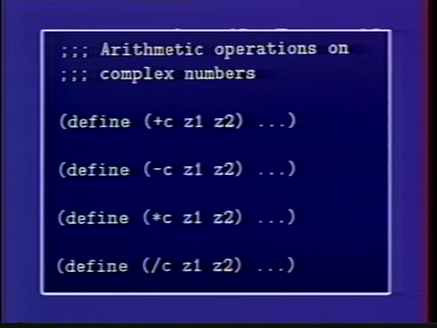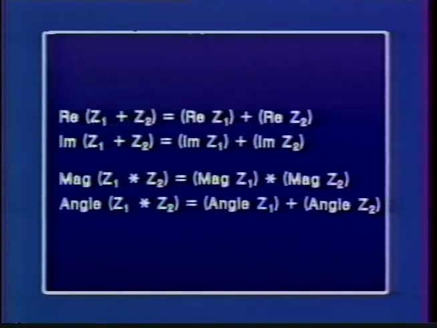Okay, well, there's a little bit of mathematics behind that. What are the actual formulas for manipulating such things? It's sort of not important where they come from, but just as an implementer, let's see. If you want to add two complex numbers, it's pretty easy to get their real part and imaginary part.